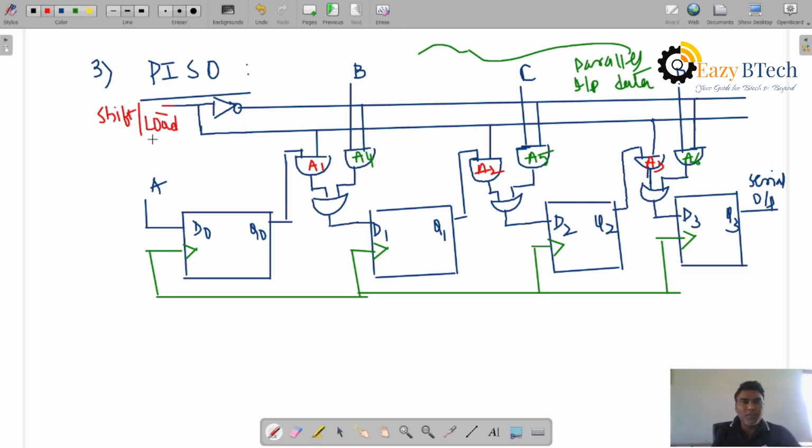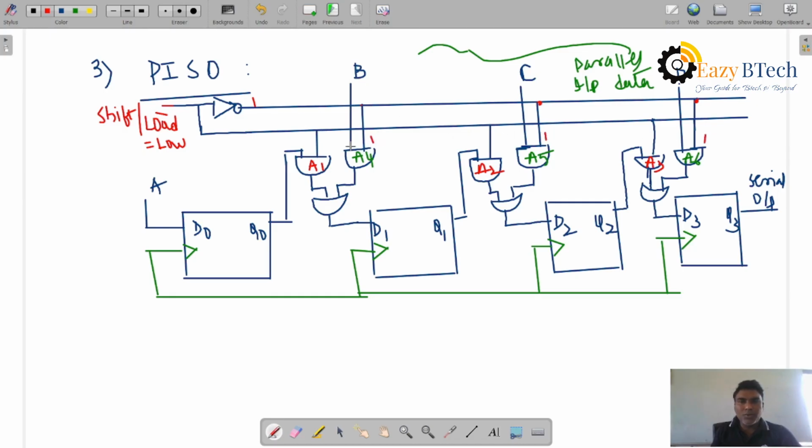When shift load bar is equal to low, then its complement is 1. What happens? A4, A5 and A6 are enabled, so this will be 1, this will be 1, and this will be 1.